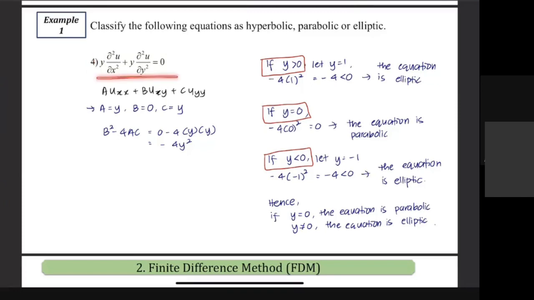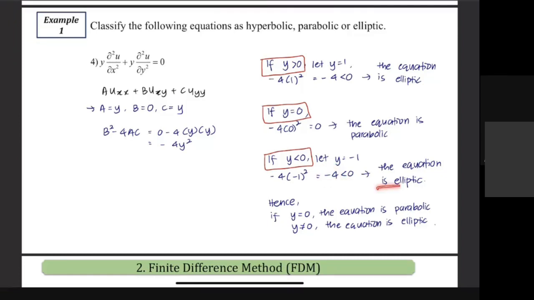The type of this equation depends on the value of Y. If Y here equal to 0, then the equation is parabolic. If Y less than 0, let's say you put Y equal to negative 1 and substitute in the equation, then you get negative 4, which is less than 0.